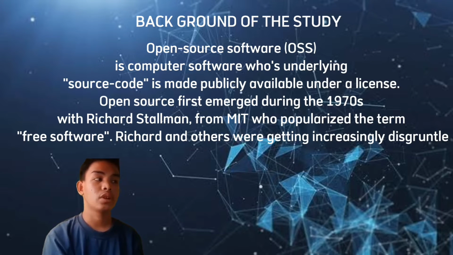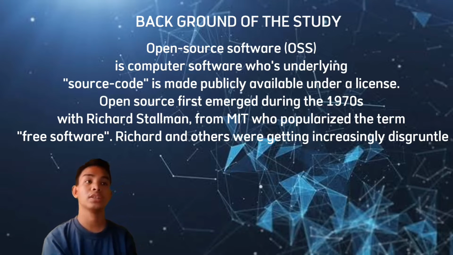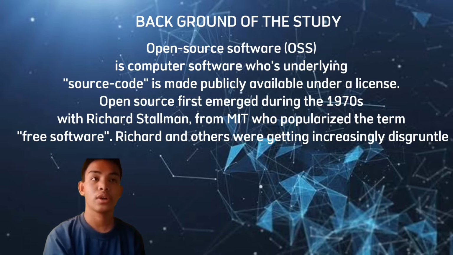Programmers with access to the source code can improve it by adding new features or addressing portions that don't always perform properly. Open source software, also known as OSS, is computer software whose underlying source code is made publicly available under a license.